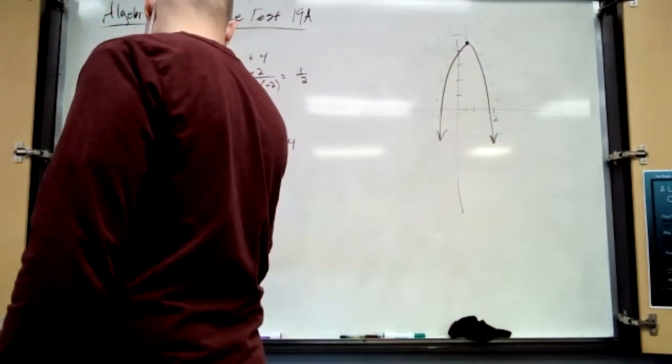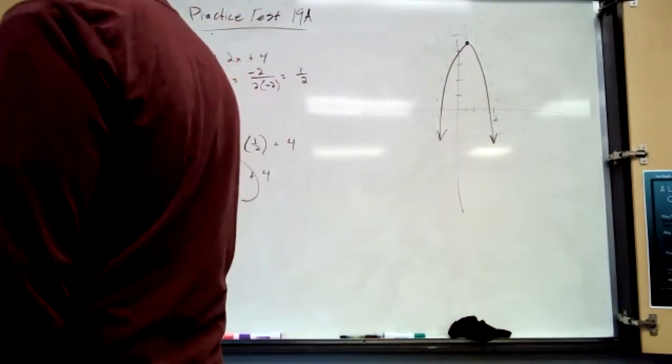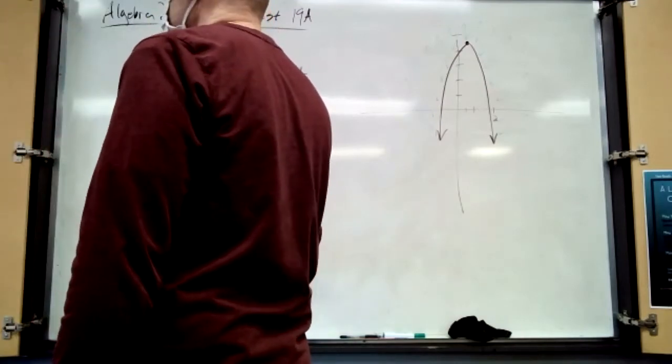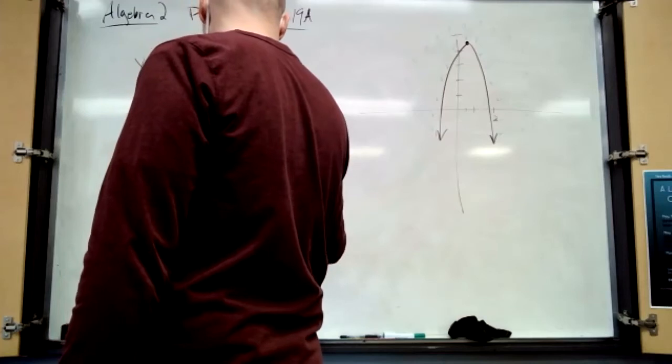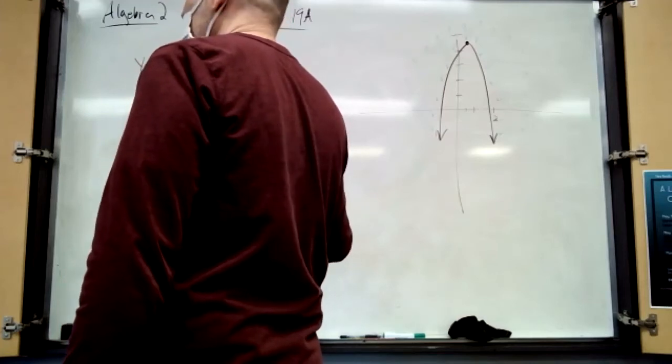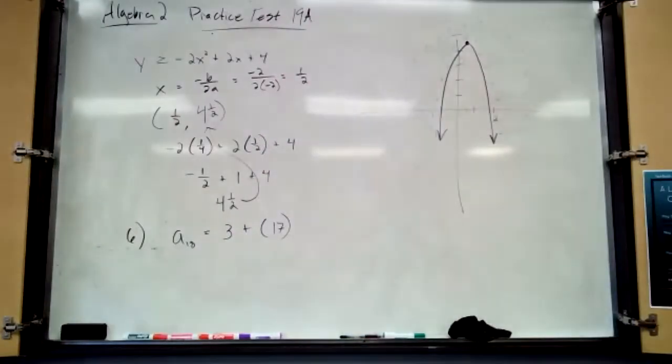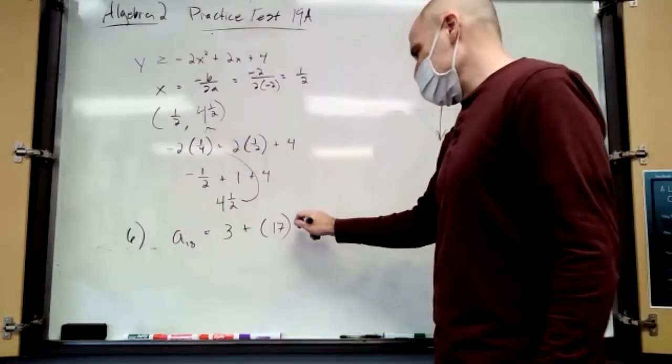So a sub 18 equals a sub 1, which is 3, plus n minus 1, which is 17, all times your d. Well, your d is how much you add to each number. And since it's arithmetic, then it's going to be the same number. So you're adding 9 every time. So 17 times 9.